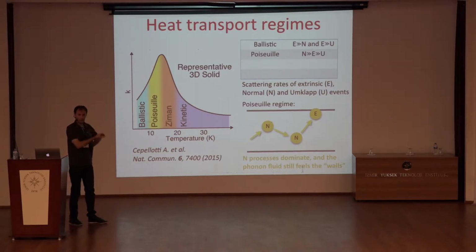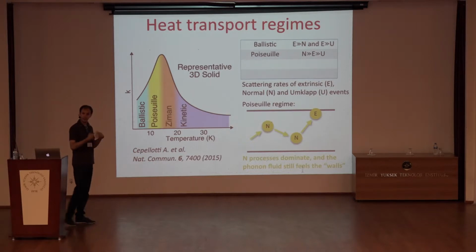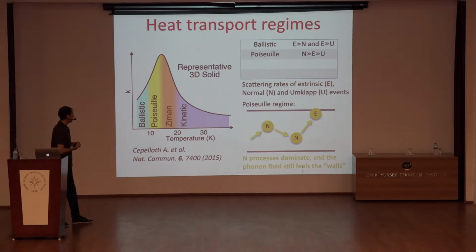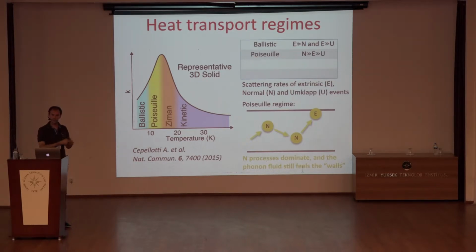This is called the Poiseuille, or hydrodynamic, regime because of the analogy with real fluids. If you think of water molecules flowing through a pipe, they also scatter among each other elastically, conserving energy and momentum, and only when a water molecule hits the surface is there some dissipation of flux at the surface.